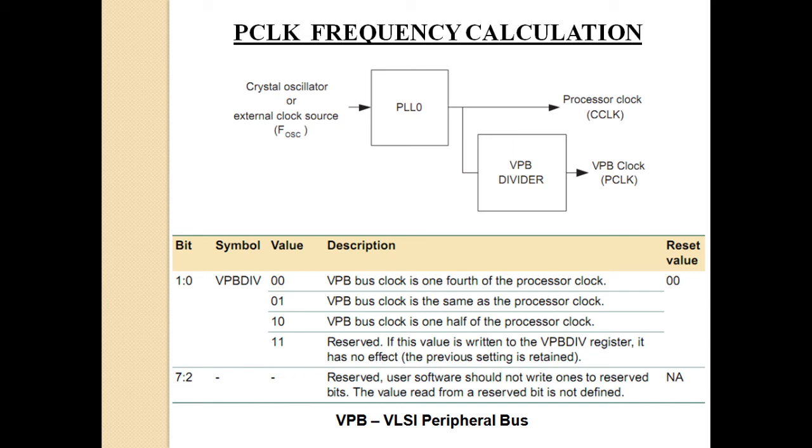Registers are used for storing some kind of data. Since ARM can handle 32 bits of data, all the registers will be of size 32 bits. So the VPB divider is one of the special function registers, and that register is also 32 bits. Of that 32 bits, for configuring the VPB divider you use only the first two bits, bit number 0 and bit number 1.